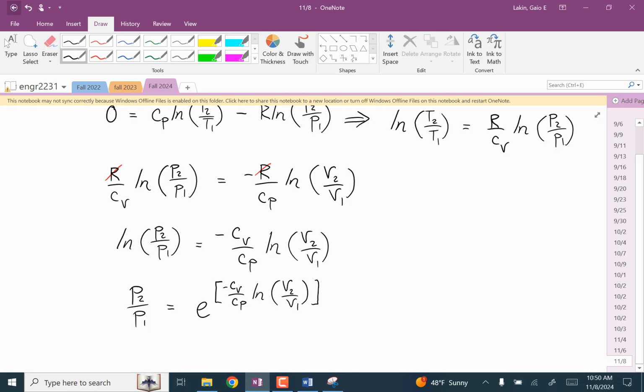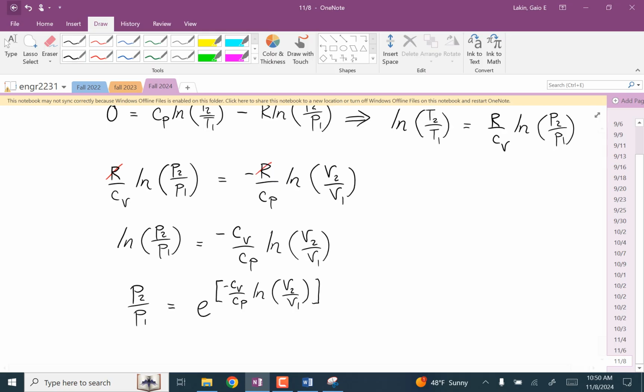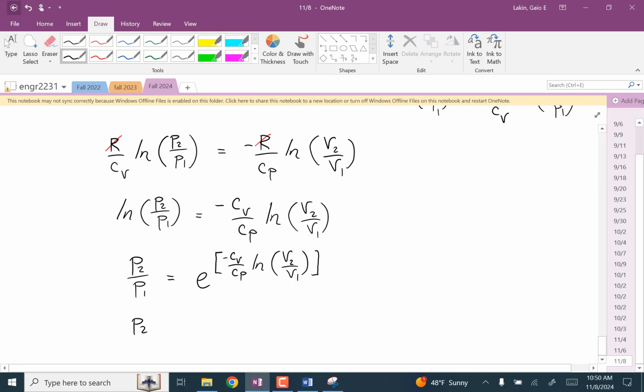And what you get this time is that P2 is equal to about 2.66 times 10 to the 5th pascals. So the fact that the temperature is not staying the same has the effect of raising the pressure in there more than you would expect by assuming that it's isothermal.